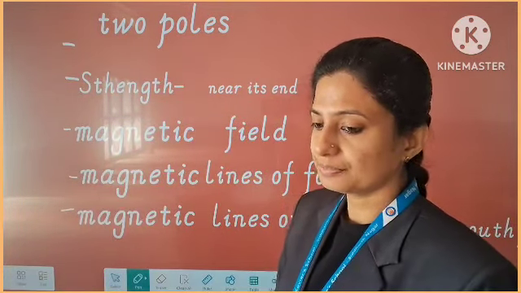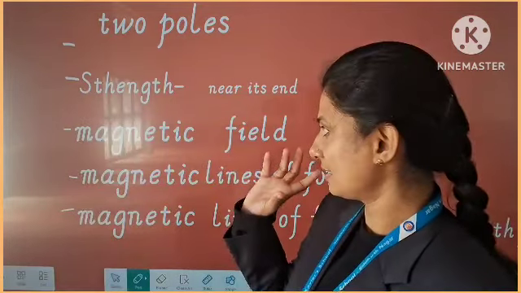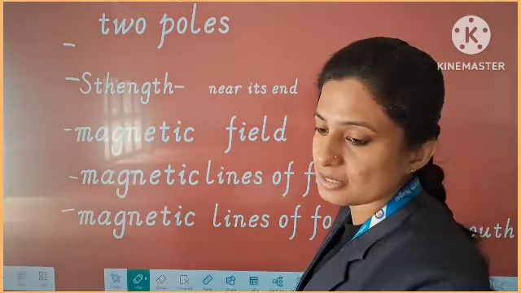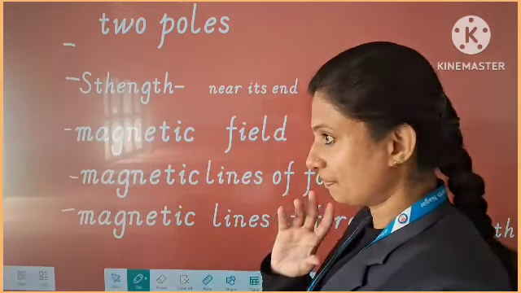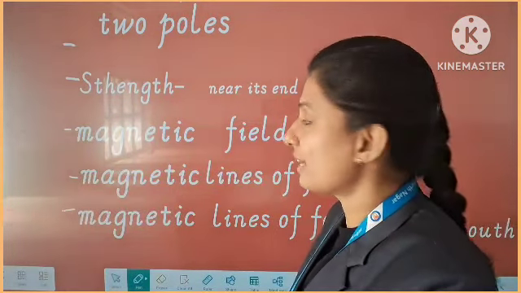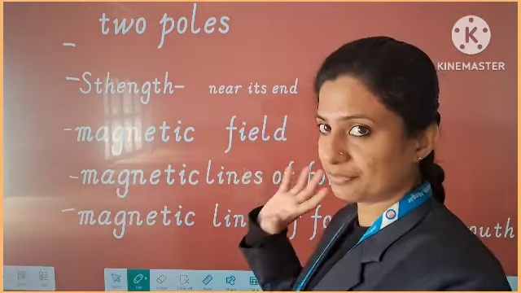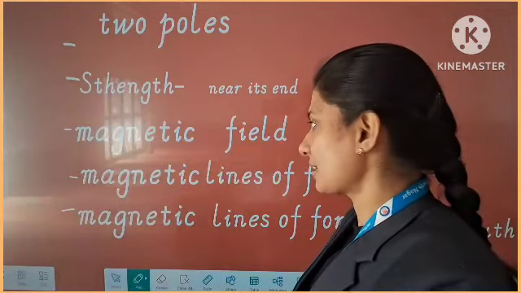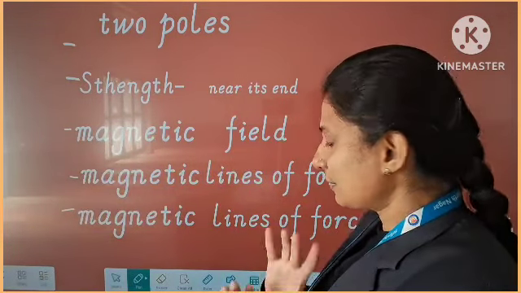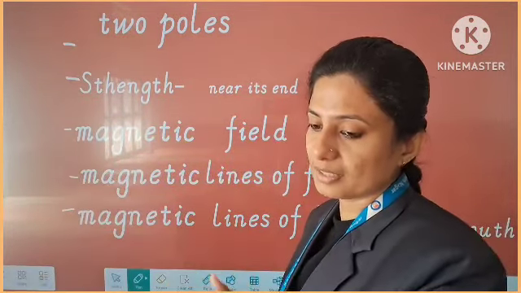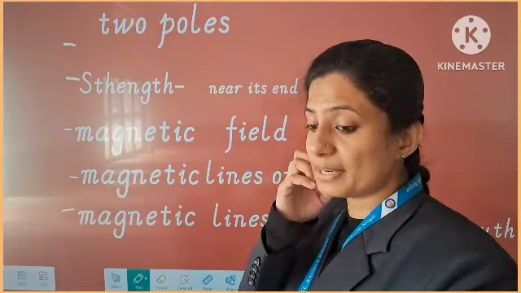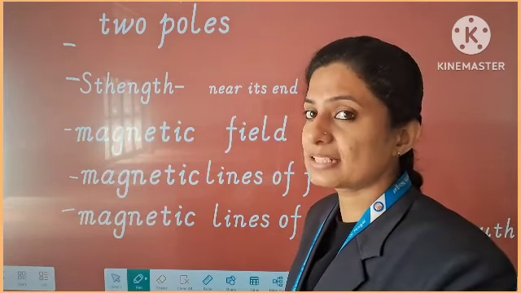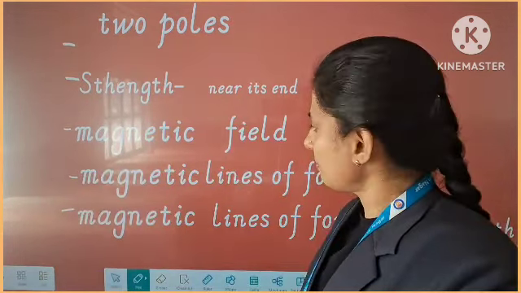The third one: the space around a magnet which is influenced by the magnetic force is called the magnetic field. The strength of the magnet is commonly explained by the magnetic field lines, or magnetic lines.